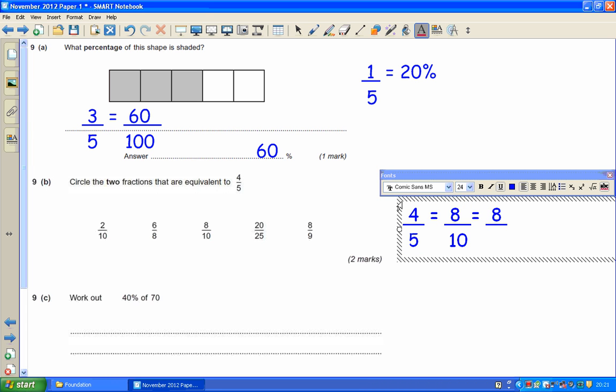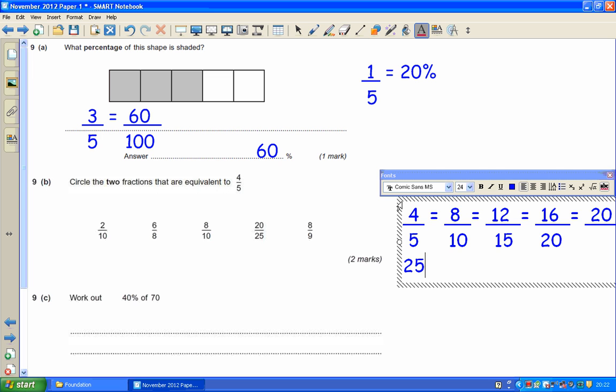If I add 4 to the top again, then I'll get 12 over 15. If I add 4 to the top again, it'd be 16, and 5 to the bottom would be 20, and again, 20 on top, and 5 to the bottom will be 25.